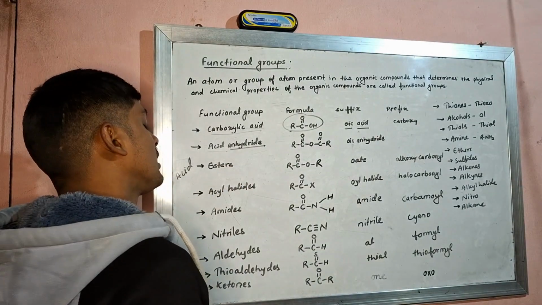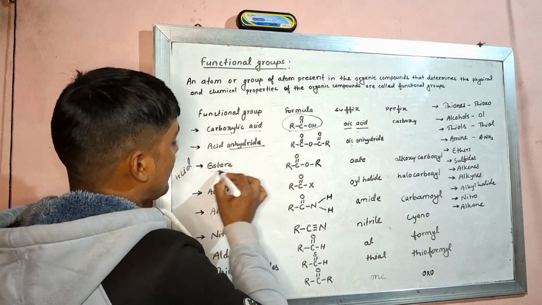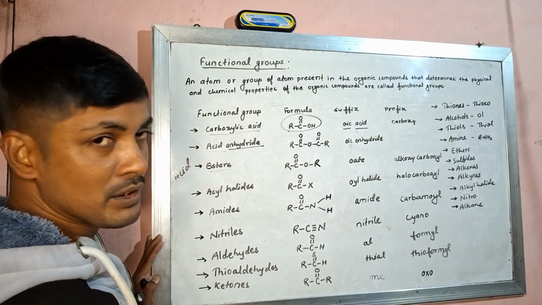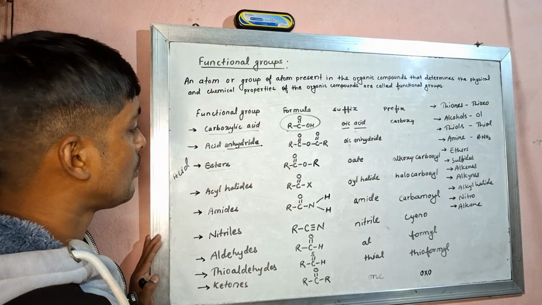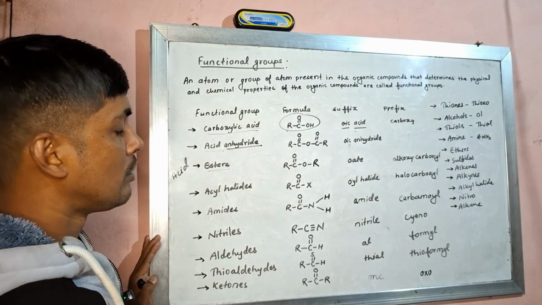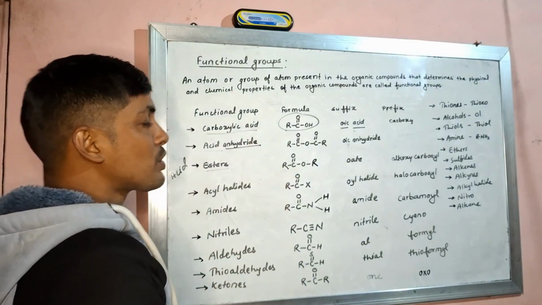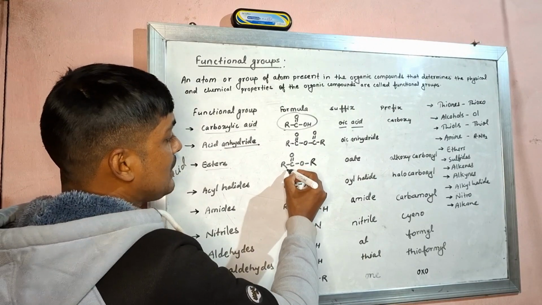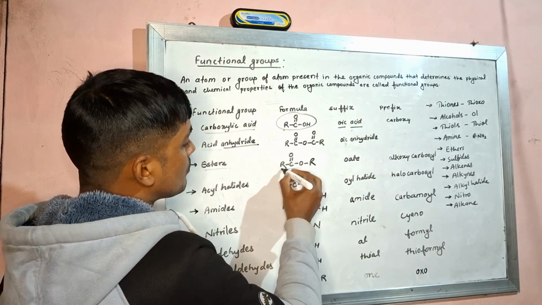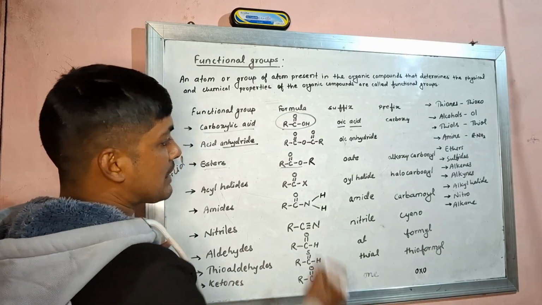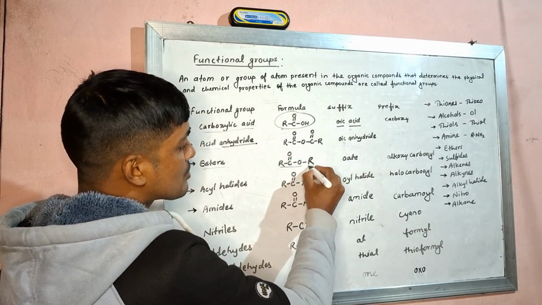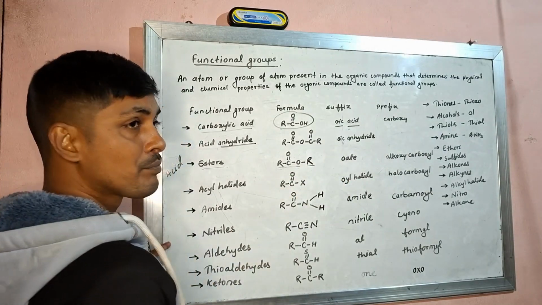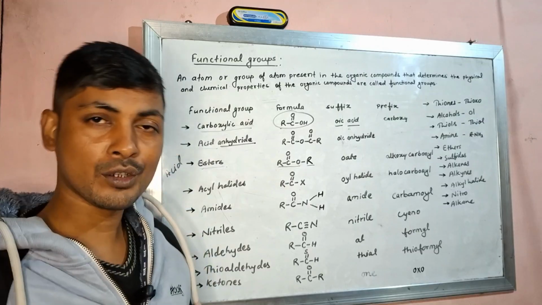Now, esters. Here the esters are also derivatives of carboxylic acids. That means these esters are formed when we remove a water molecule from the combination of carboxylic acid and alcohol. Here you can see clearly this part shows the acid without hydrogen, and this part shows the alkyl group of alcohol after removing the OH group from that alcohol.